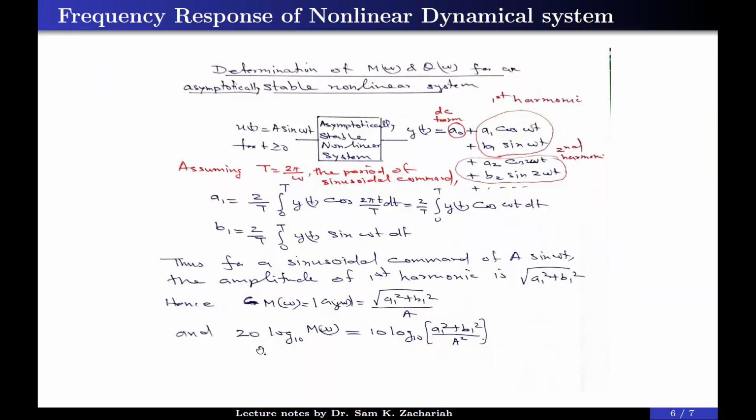Or in logarithmic dB decibel value, 20 log to the base 10 M omega is equal to 20 log to the base 10 of A1 square plus B1 square by A square. I remove the square root, because of this squaring operation, this will be A square, so that both will be equal. And I am going to give you some programs for this in the lab class, how we can find it out.